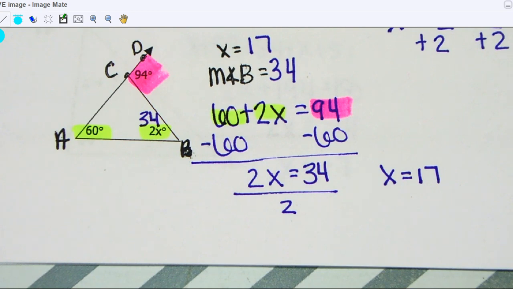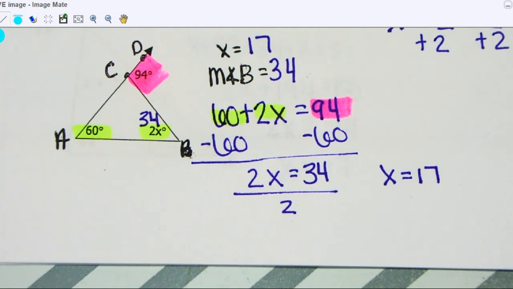So we're going to practice, but we're going to have to skip pages 3 and 4, because that was the triangle angle sum. So our practice begins on page 5.